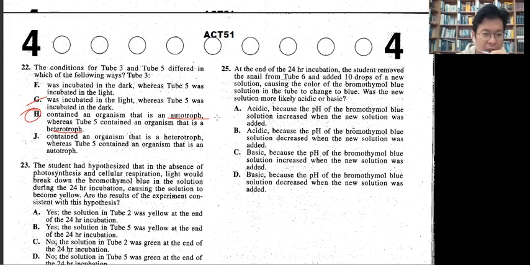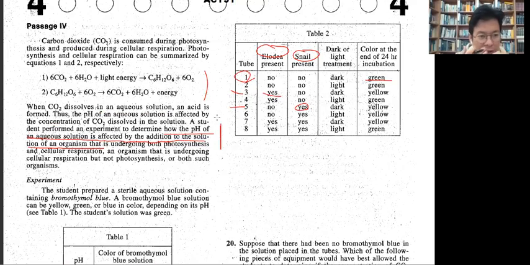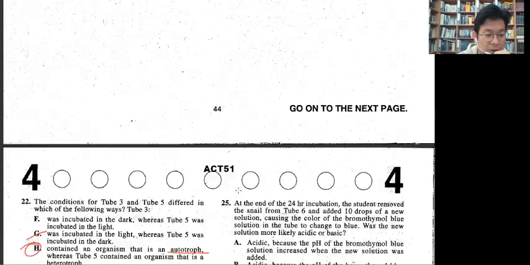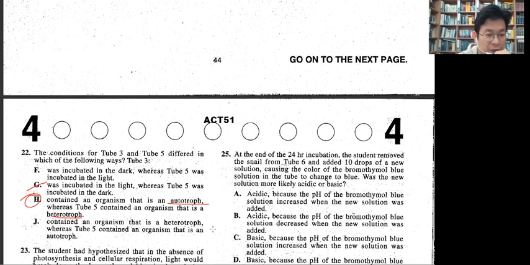It can do photosynthesis. Obviously the plant itself is the one that can do photosynthesis, so the plant itself is the autotroph.